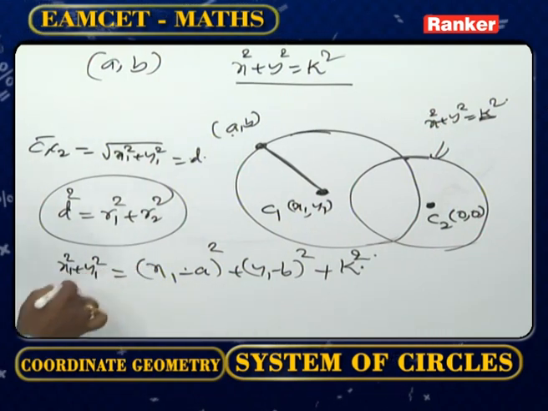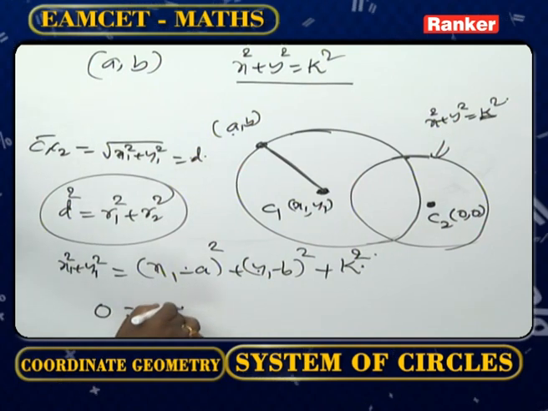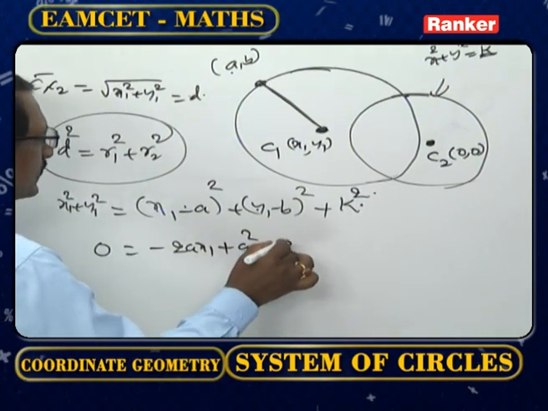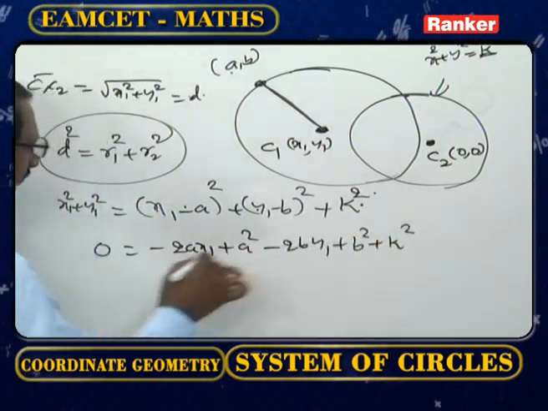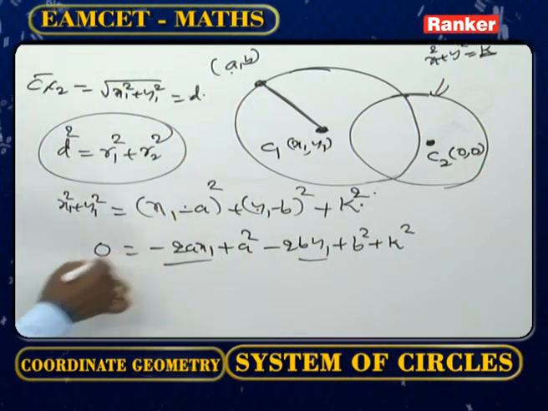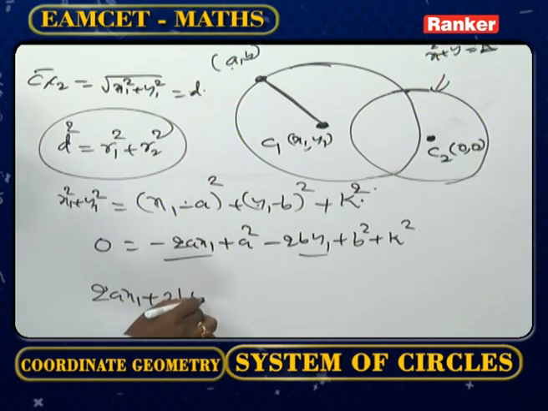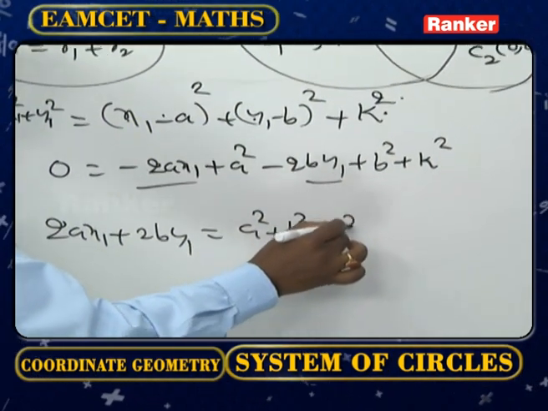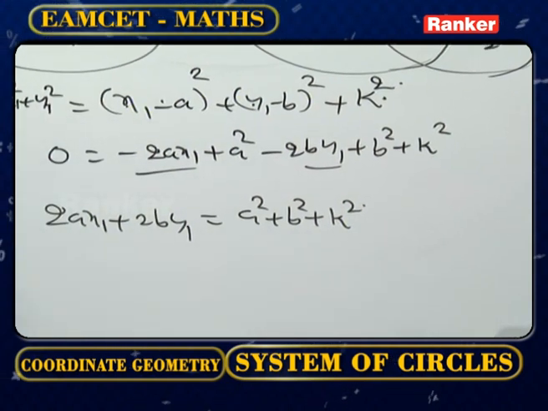Further simplifying, x1² and y1² get cancelled: 0 = −2a x1 + a² − 2b y1 + b² + k². Taking the terms to the left side, we get 2a x1 + 2b y1 = a² + b² + k². Then the locus of (x1, y1) is 2ax + 2by = a² + b² + k². Now the first option is correct.